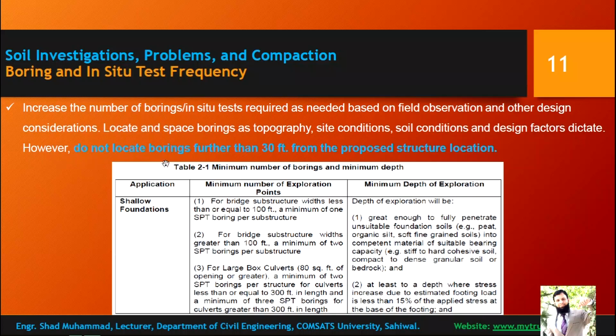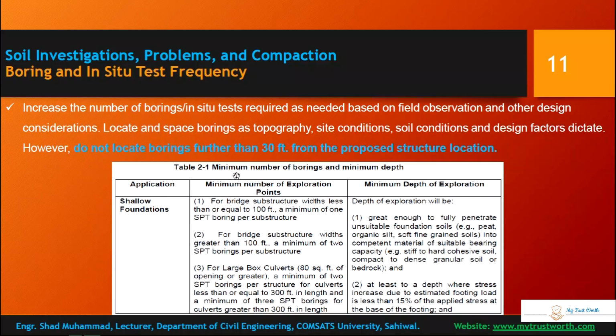However, do not locate borings further than 30 feet from the proposed structure location. This is a recommendation of an experienced consultant, that your boring should not be located more than 30 feet from the proposed structure.